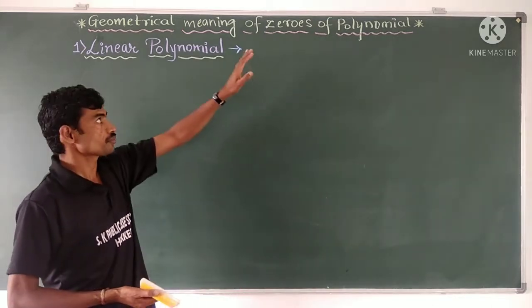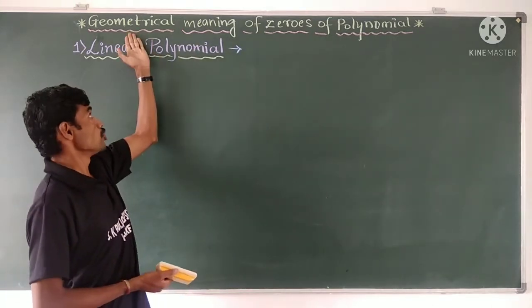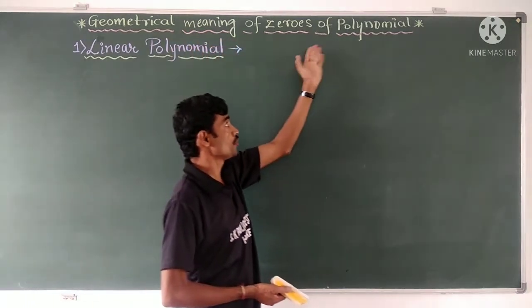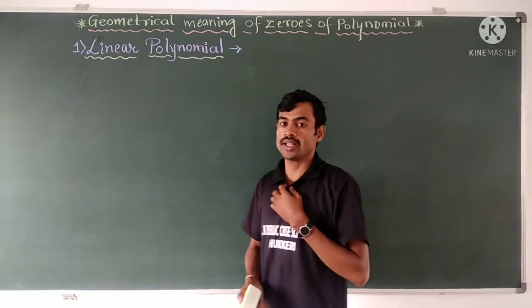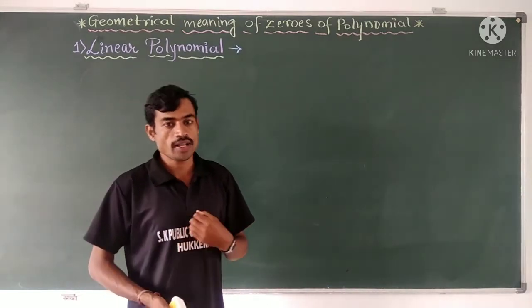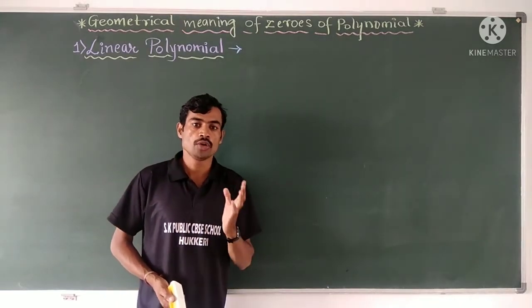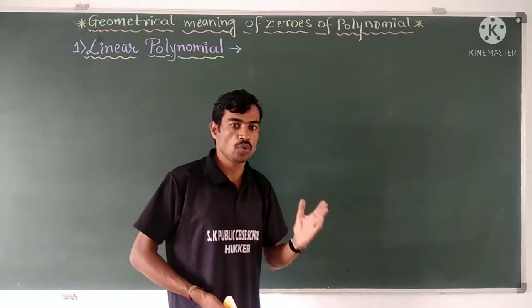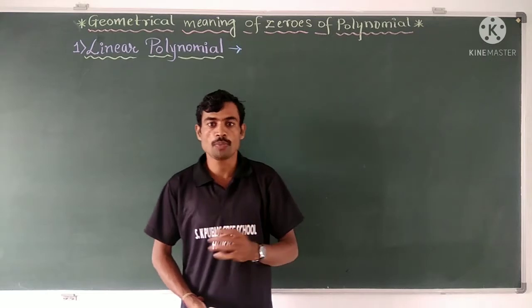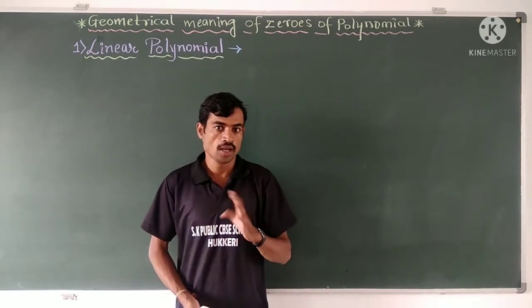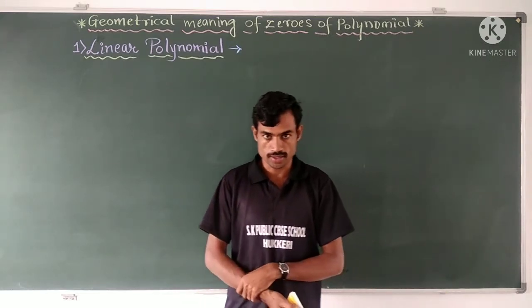Today we have to discuss the geometrical meaning of zeros of a polynomial. Geometrical meaning means that we have to draw the graph for the given linear and quadratic polynomials.